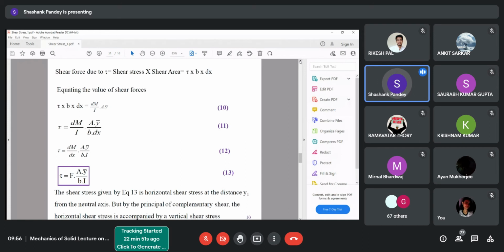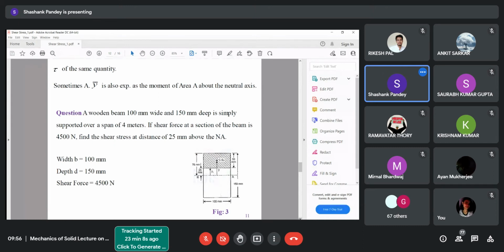We will use the expression given in equation 13. We have to calculate tau. F is given to us. A, y bar, B and I we can all calculate. So for this problem, please work out the value of shear stress.